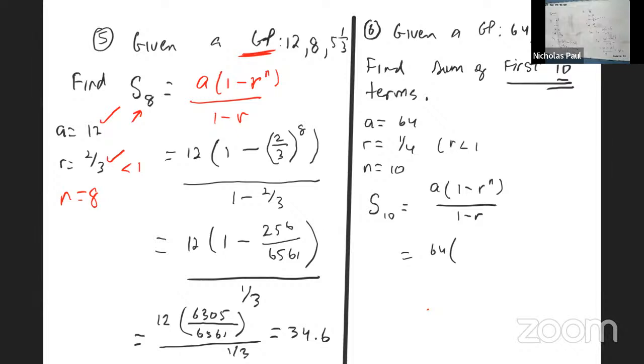So a is 64, 1 minus a quarter to the power of 10, all over 1 minus a quarter.